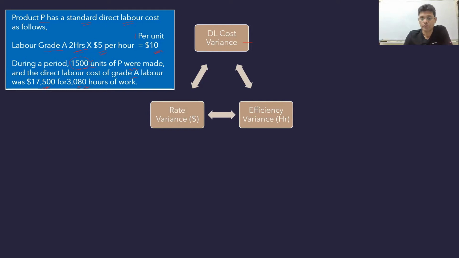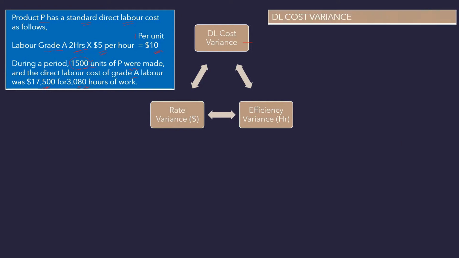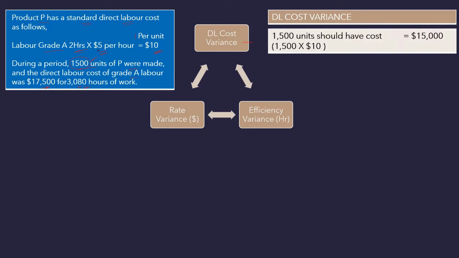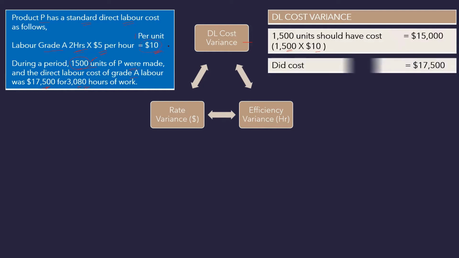So 1,500 units should have cost 15,000, right? Per unit cost is $10 here. So how much did it cost? 17,500.